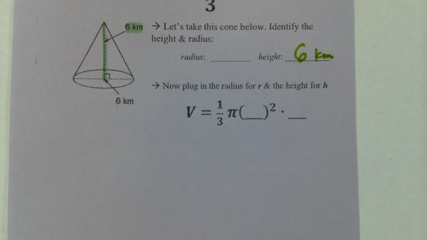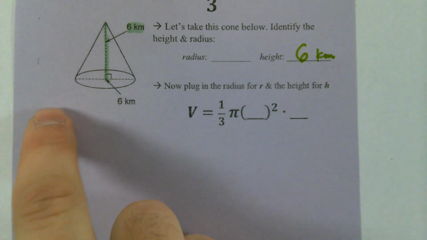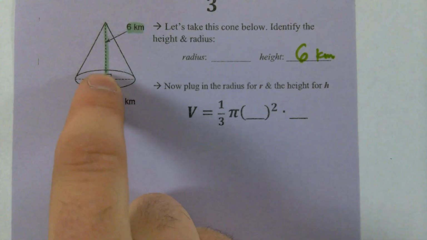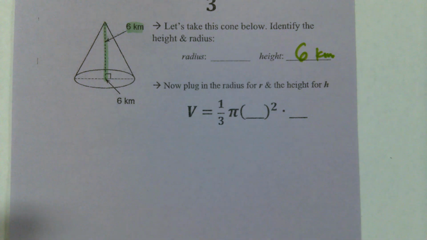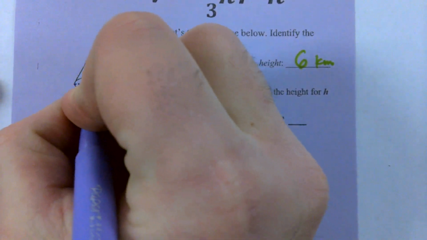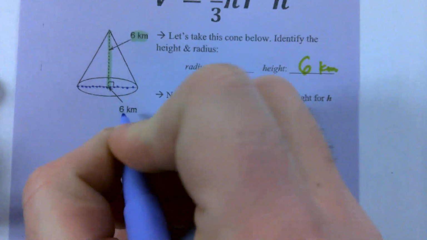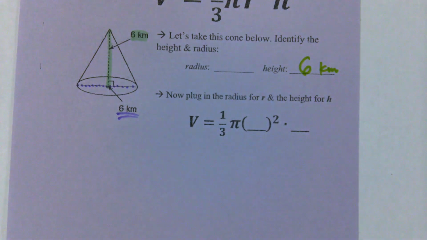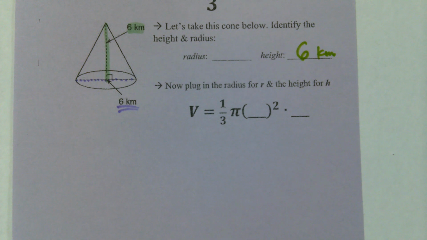Now, what's the radius of this cone? 3, exactly. Thank you. 3. Now, you may be thinking, well, there's an arrow pointing right to it that says 6. This is why I brought up diameter. Because the diameter all the way across the circle, that is what is 6. That's a weird way of saying that, but you know what I mean.